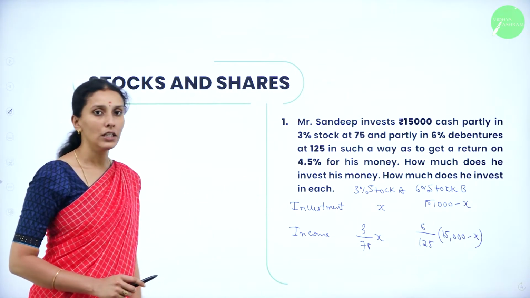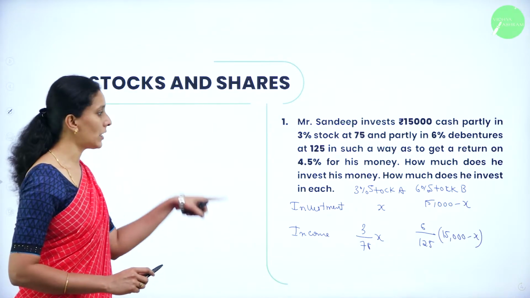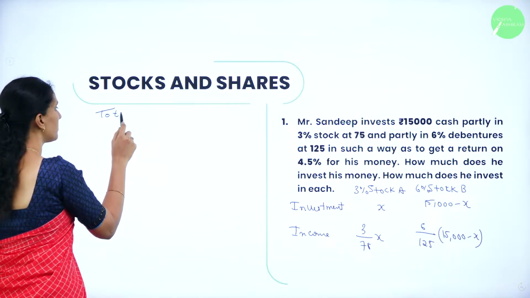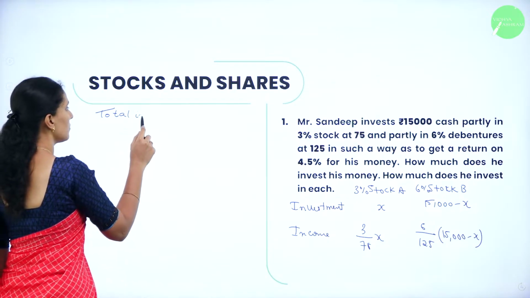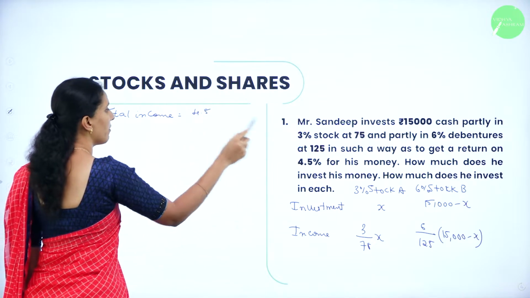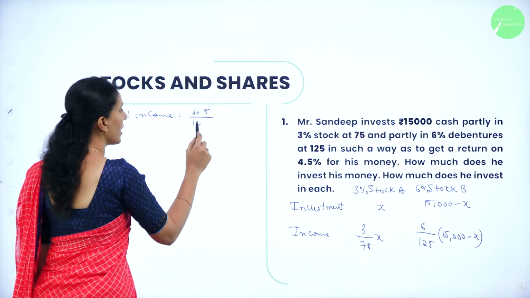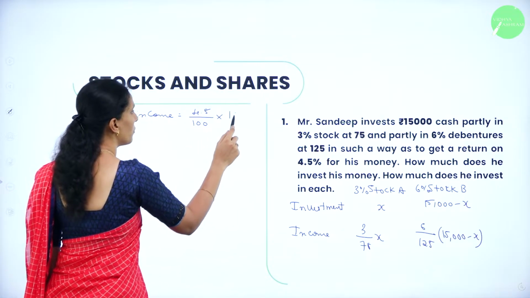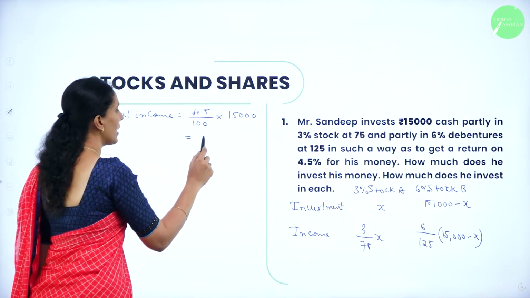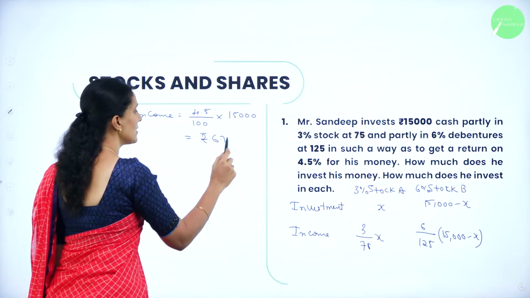Now they have given the total income in terms of percentage. Let's see now, total income is equal to 4.5%, which means it is 4.5 by 100 into 15,000. So calculating, we will get it as rupees 675.